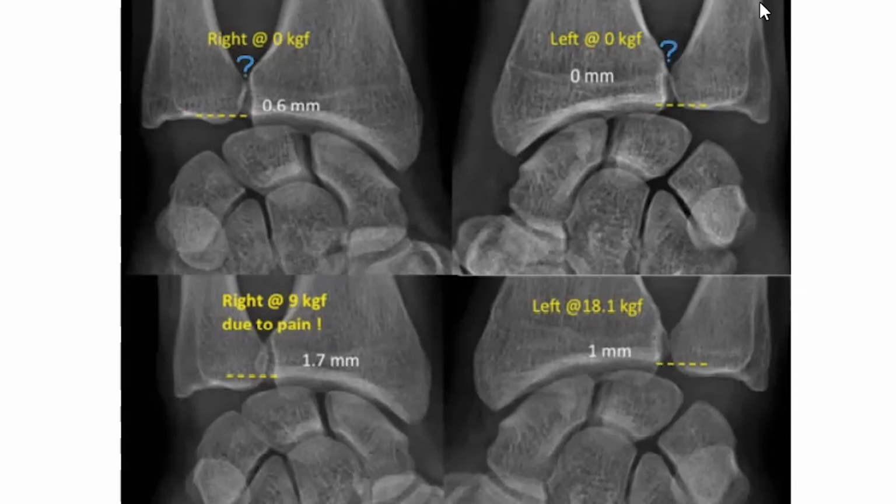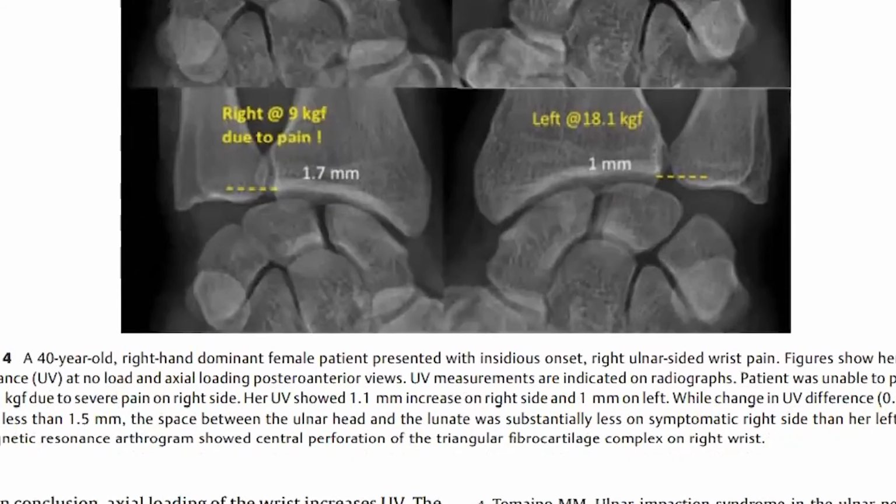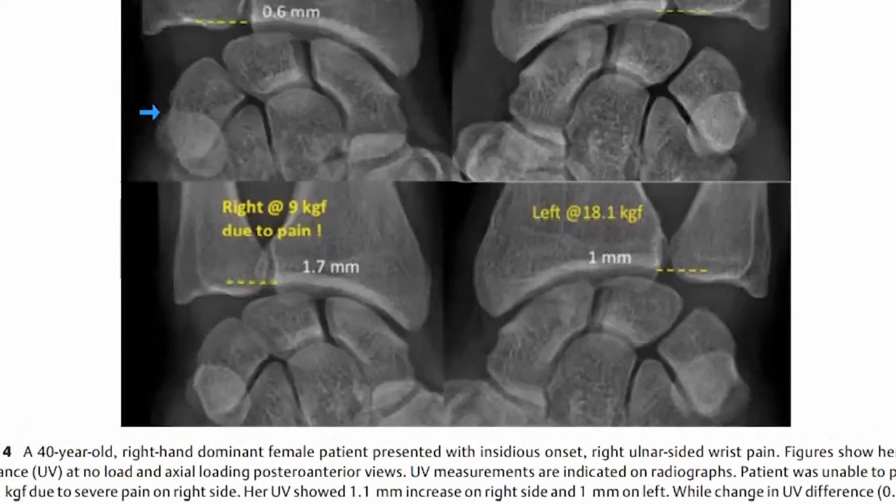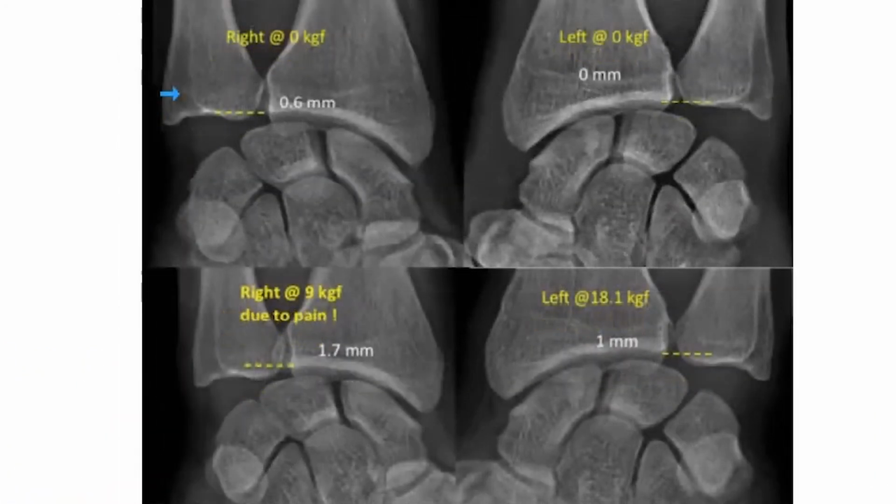Okay, so then this patient loads it and is unable, based on pain, to load it beyond 9 kilograms. So if you look, scroll it just a little bit down so they can compare the top one and the bottom one, Jen. There we go, right there. You can see an increase in gapping between the radius and ulna from the top left and the bottom left.